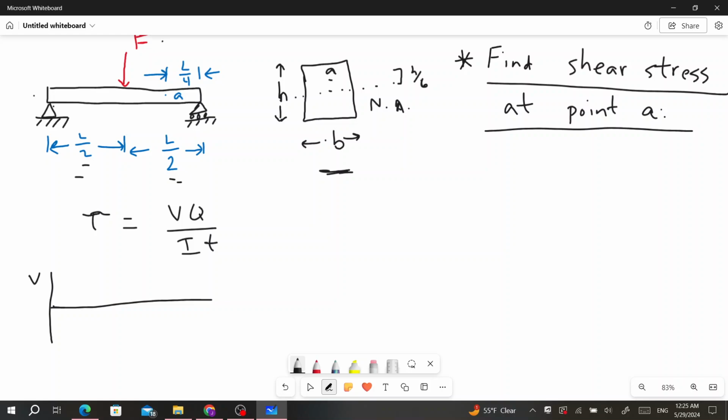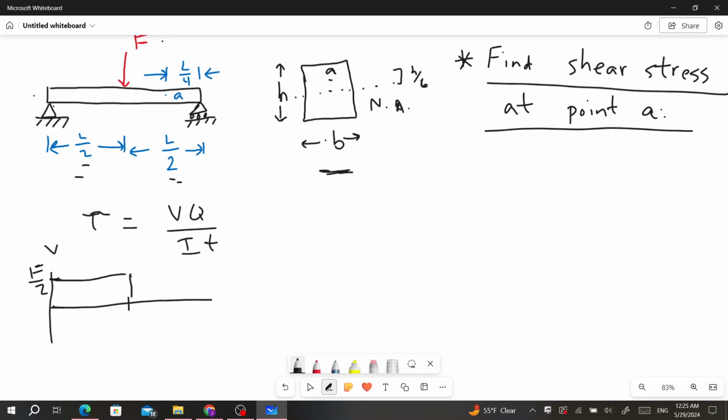So we'll start filling in our shear diagram. Let me put this V so it's out of the way. So this is our shear diagram. Here at this end of the beam, there's a shear force of F/2. Right at the middle of the beam, at length L/2, there's nothing changing, so that shear remains at F/2 till we hit the middle.